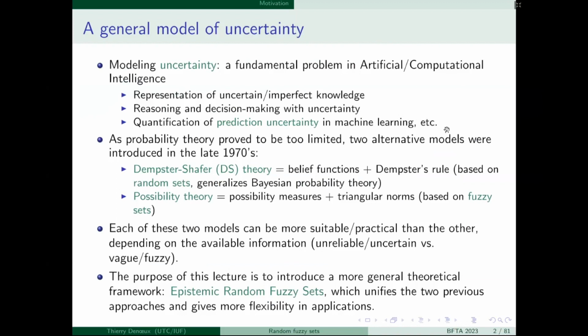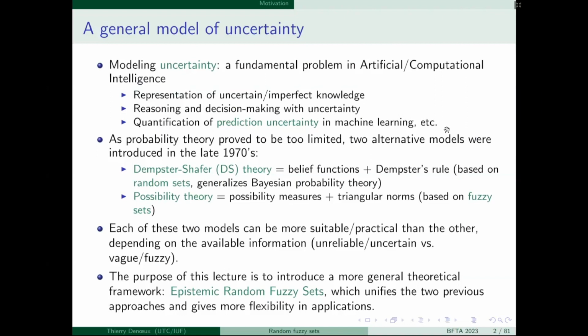Possibility theory is based on the representation of flexible constraints on unknown variables by possibility distributions, which gives us possibility measures. Typically possibility measures are combined by operators with some properties called triangular norms.